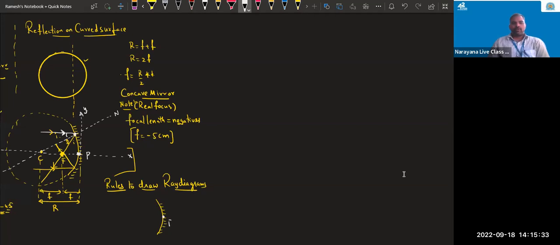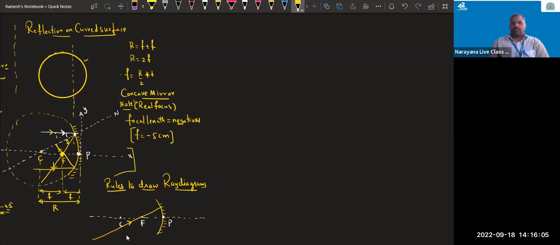Pole, focal point, or sometimes real focus also they will call, and this is the center of curvature. Now, if any ray of light is falling and passing through the point of focus, how will it bounce back? Shabash, parallel to the principal axis.